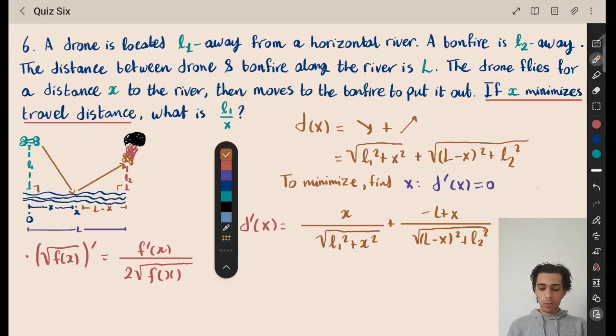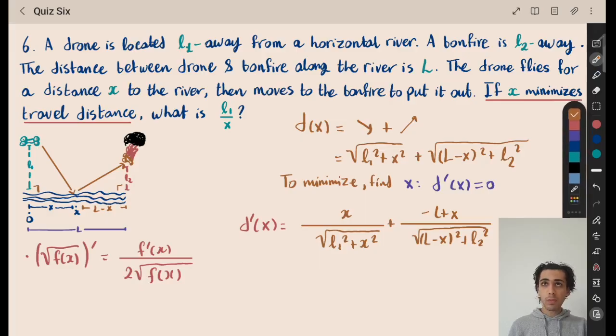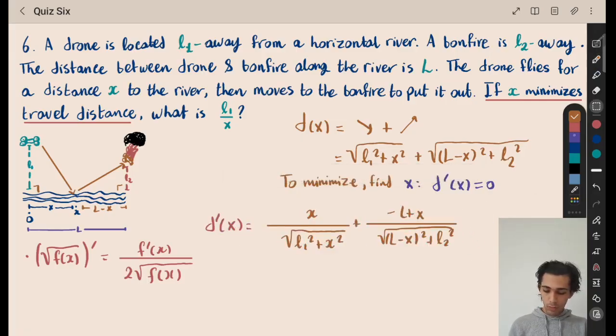And then you would like to set this to be equal to 0. And then I would like to take a moment. Yes, I see it now.